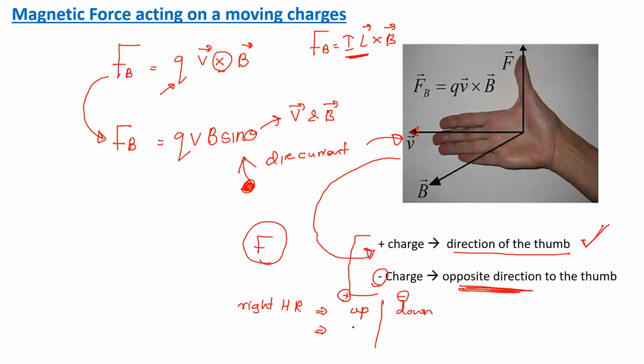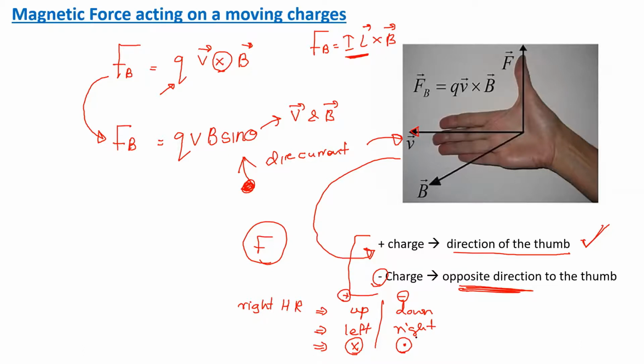If the right hand rule gave you left, for a positive charge, it is still left, and for a negative, it will be right. If the right hand rule gave you into the plane, for a negative charge, it will be out of the plane. So you use the right hand rule to find the direction. If it's positive, keep the direction as it is.